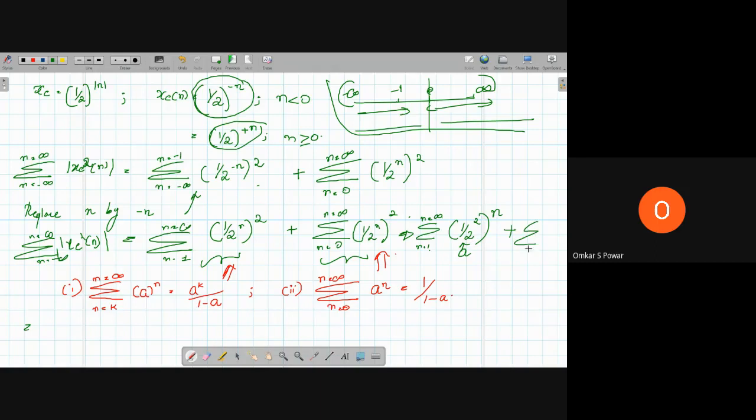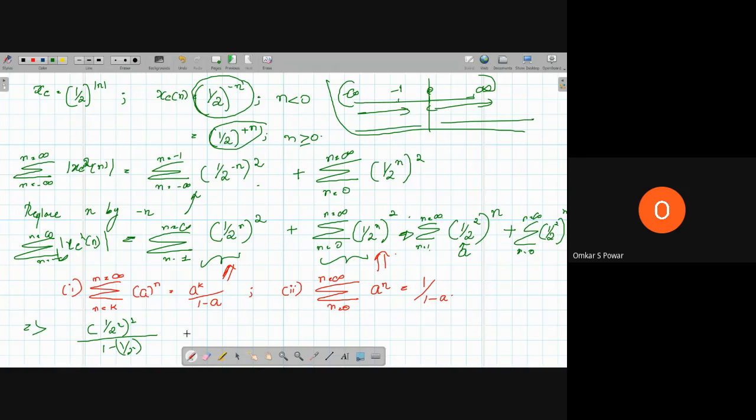Then summation n equals 0 to infinity of 1 square to the power n again, so that you can map it easily. So you apply this formula here, a power k. So your a is 1 square divided by 1 minus 1 half the square, so k is 1.